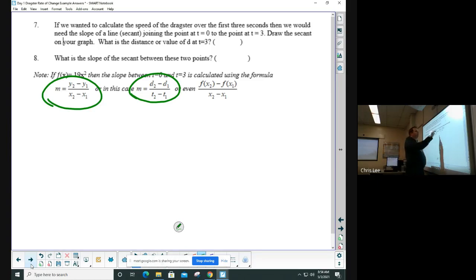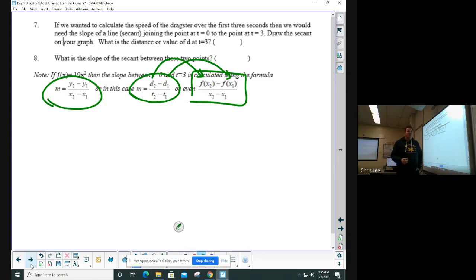Or you can even consider it this way, because distance is a function of time. And so the y values, distance, are simply a function of the x values, time. So the distance comes from plugging a number into the function, and the second distance is found the same way.